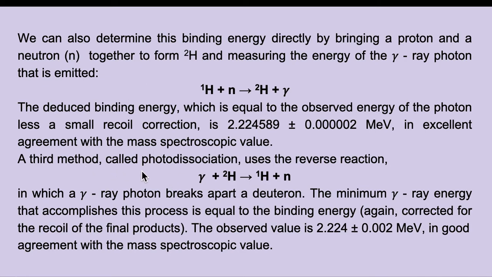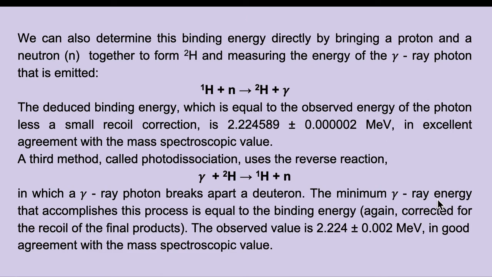A third method is called photodissociation, the reverse of this process. Here you have a 2H and a gamma impinging on it, and by absorbing that gamma, this deuteron can dissociate into a proton and a neutron, in which the gamma ray photon breaks apart a deuteron.